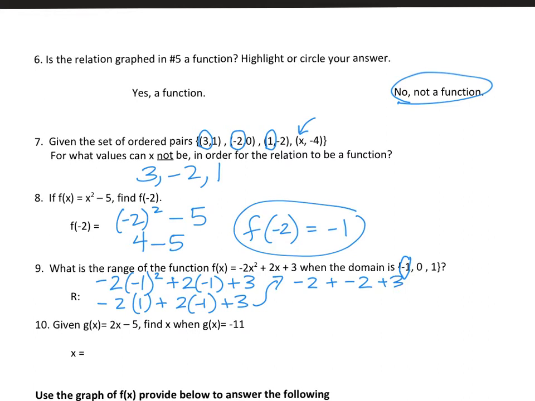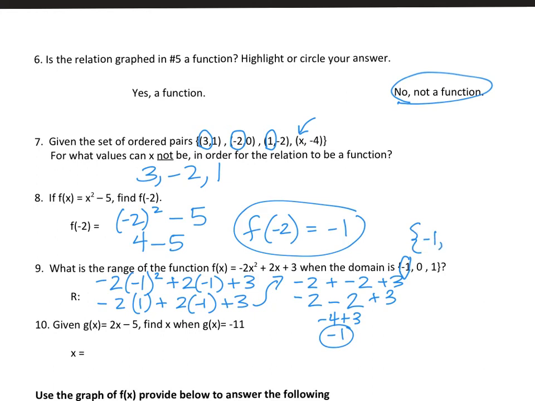If you wanted to switch this around, you could, because it might be a little bit confusing. So keep it, switch it, switch it. So -2 minus 2 is going to give me -4 plus 3 is going to give me -1. So right now my first range value is -1.